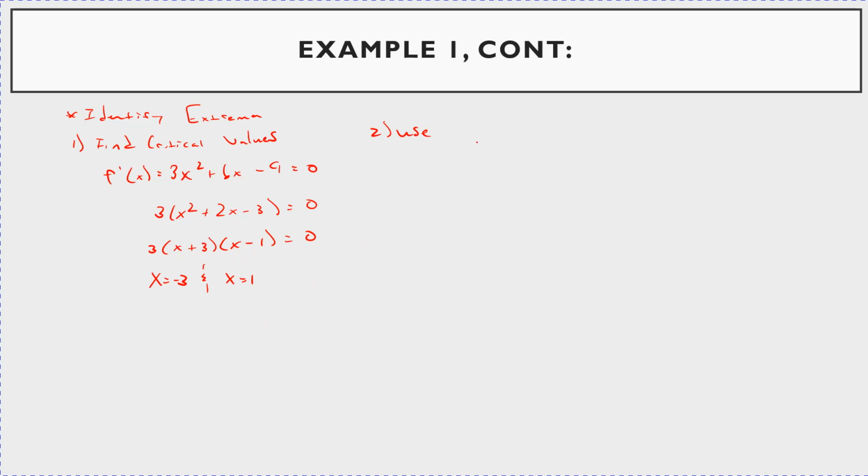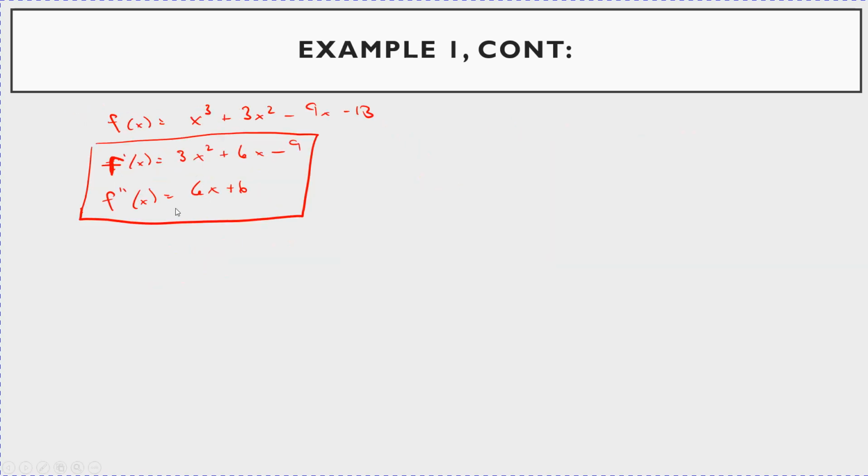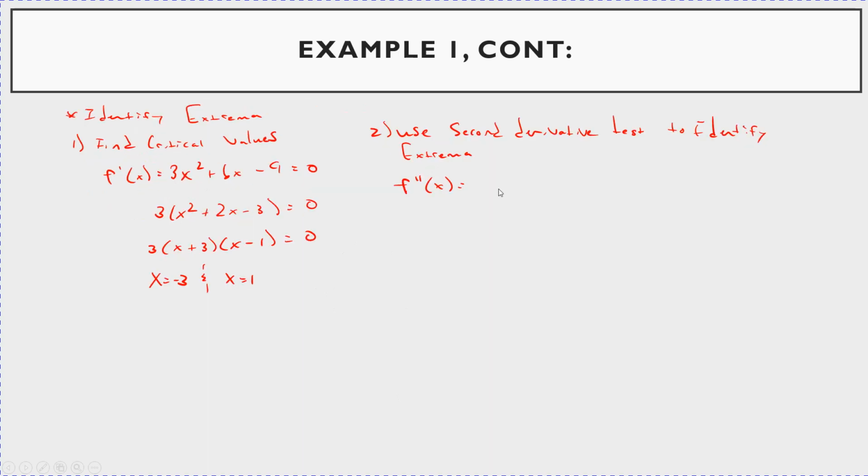What we're now going to do is use the second derivative test to identify extrema. So you're going to look at the second derivative. Looking back, f double prime of x was 6x plus 6.